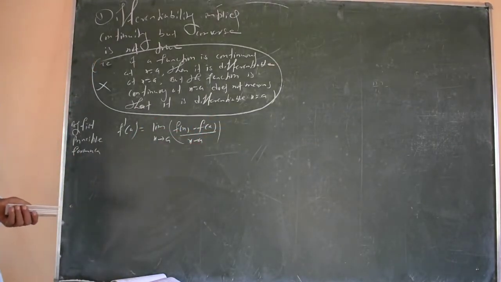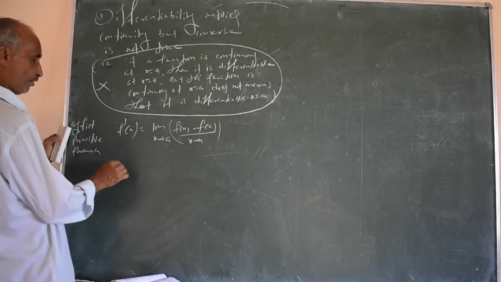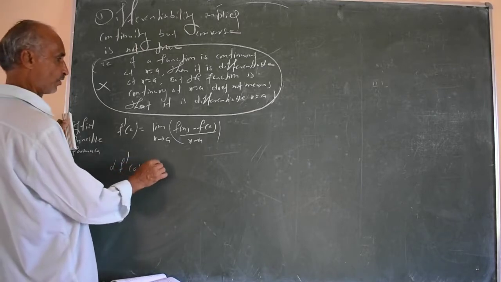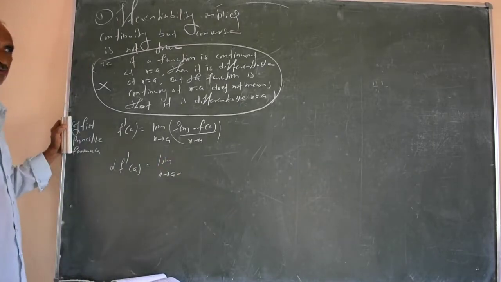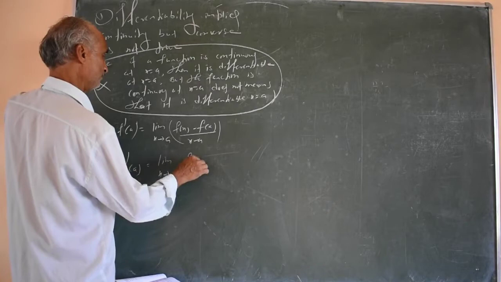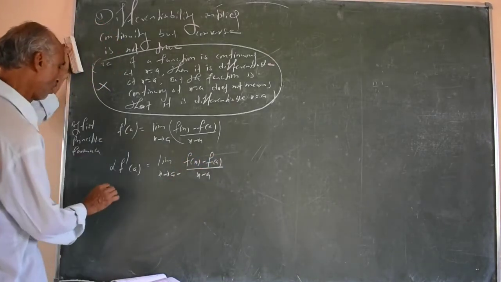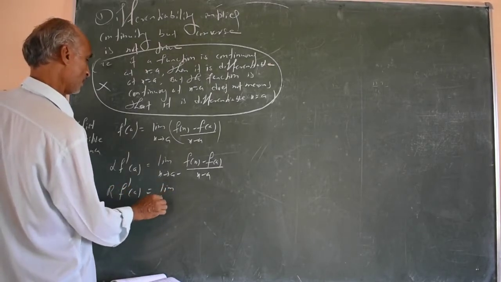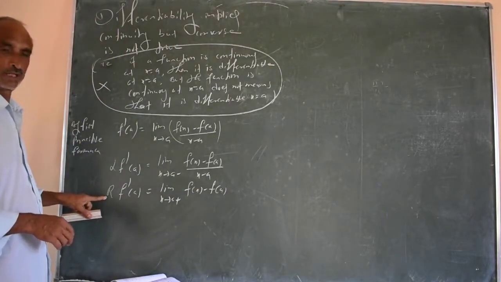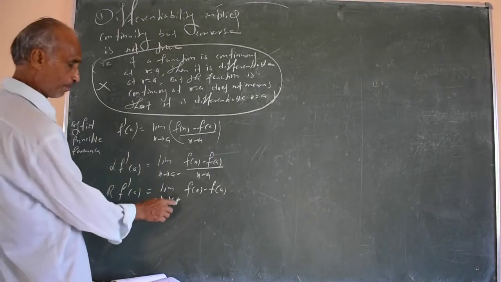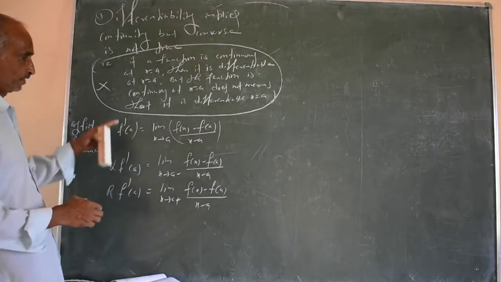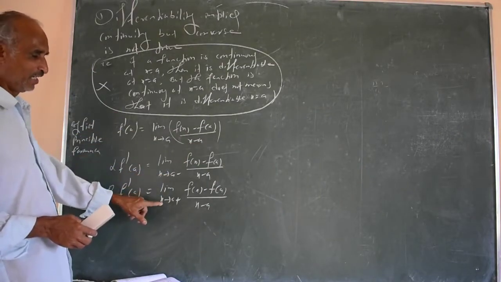The left hand derivative, L f dash of a, is the same formula with limit x tends to a minus, that is x is less than a. The right hand derivative, R f dash of a, is limit x tends to a plus of f of x minus f of a upon x minus a, where x is greater than a. The denominator is the same.